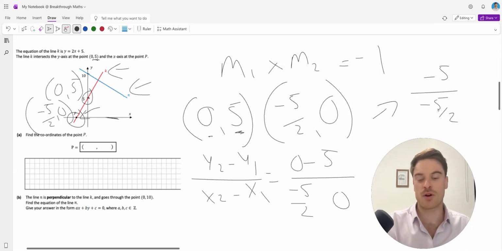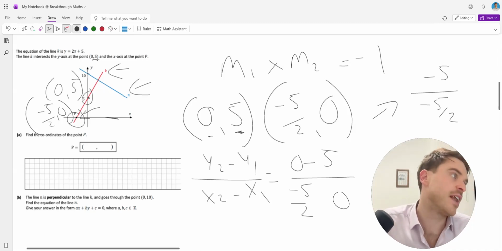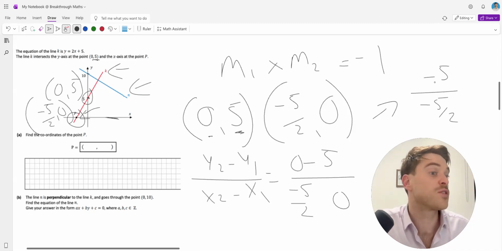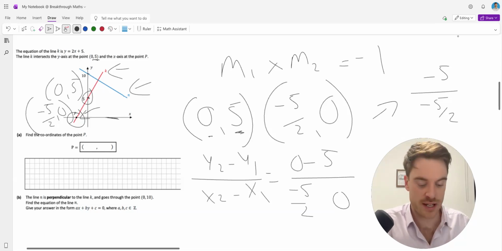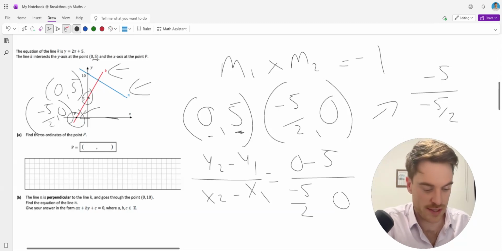You can put it into your calculator: minus 5 divided by minus 5 over 2, which is divided by 2.5.